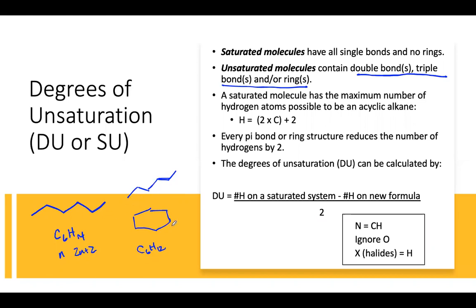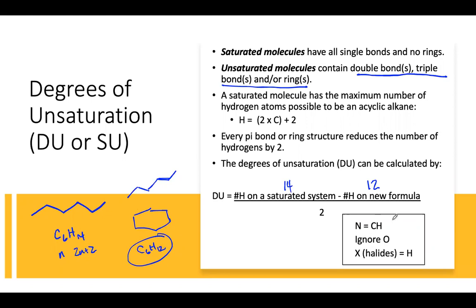So if I had this formula C6H12, I would look for the number of hydrogens on the saturated system, which should be 14, the 2N plus 2, but I actually have 12, so that's the observed. So 14 minus 12 is 2, divided by 2, and I get that I have one ring or double bond in the structure.